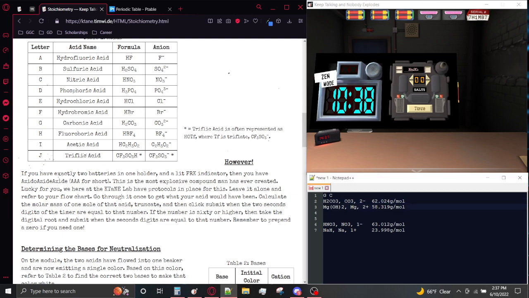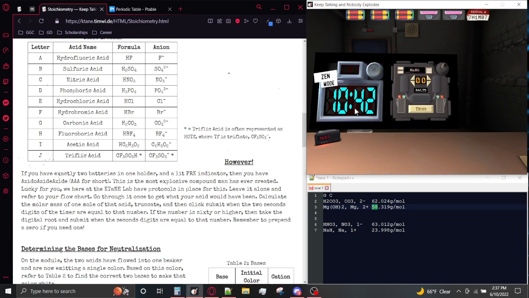If we had 58 or 23, if we had 58, then we would press it on the last 2 second digits being 58, or if we had 23, last 2 second digits 23. But for 62, this is over 60. So what we would do instead is to calculate the digital root of the molar mass.